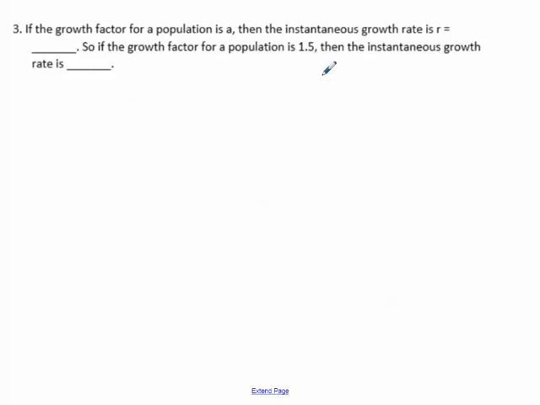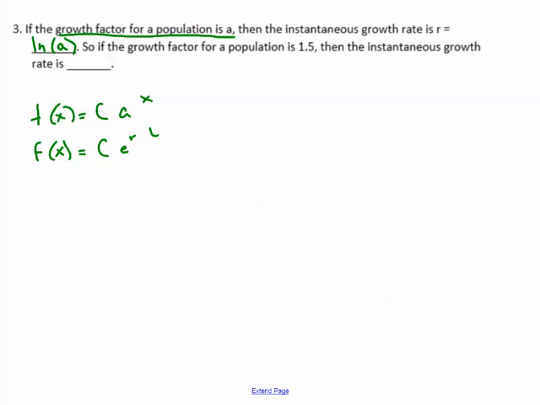If we're given just in general a growth factor of a population, for example, if the growth factor for a population is a, then the instantaneous growth rate r equals ln of a, the natural log of a, because in general f of x equals c times a to the x power corresponds to f of x equals c times e to the rx power.